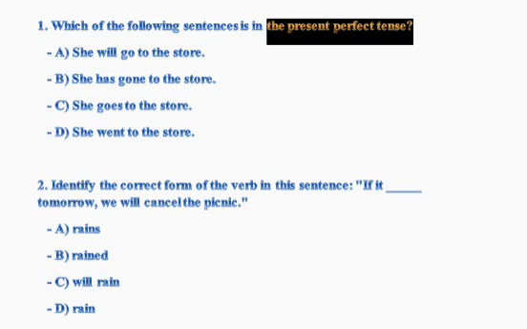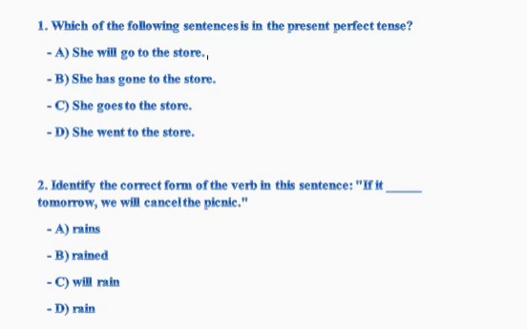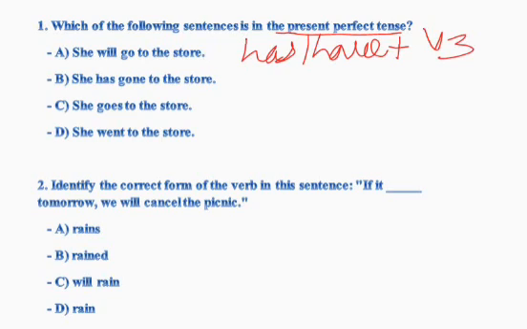With the present perfect tense, we have to have has or have plus verb 3. This is the present perfect form, so we try to identify the sentences that have this pattern.